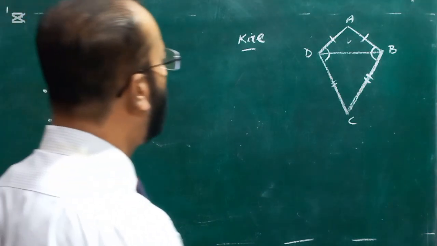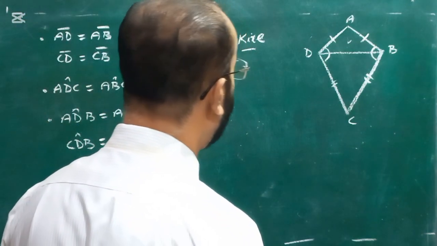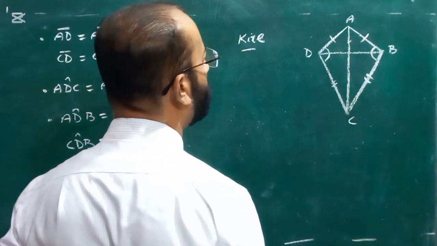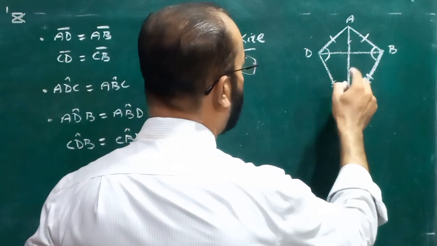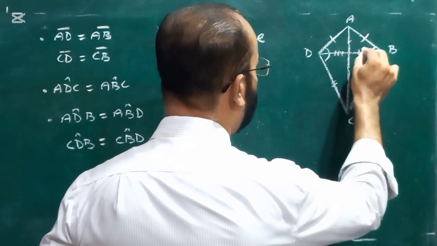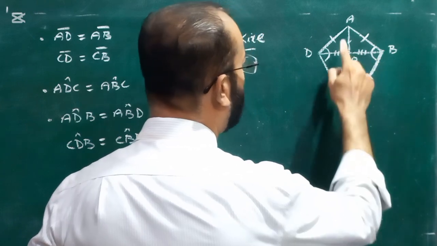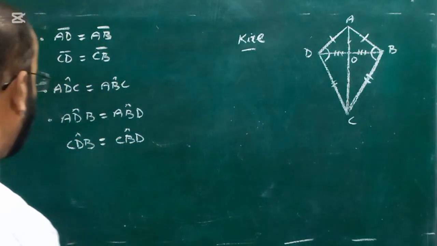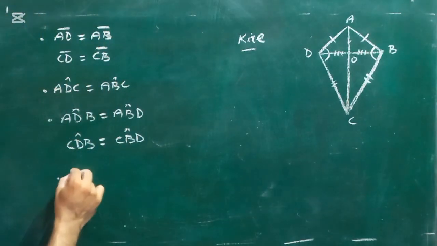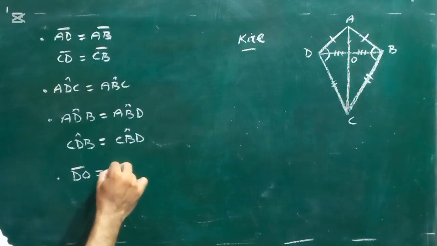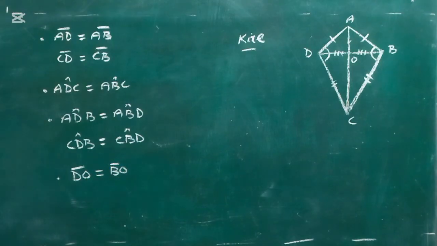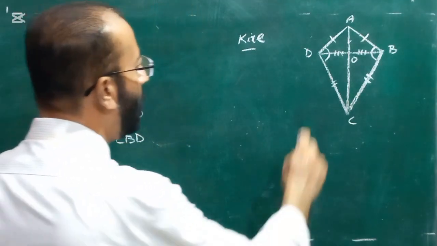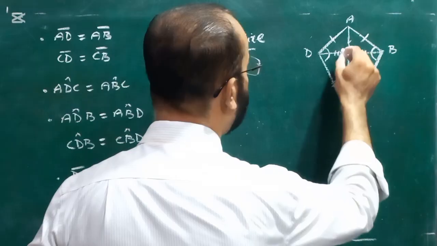The next property which is applied in the kite is if we draw the other diagonal, the smaller diagonal will be bisected. So if the diagonals cut each other at O, it means DO will be equal to BO. Next property is the diagonals cut each other at 90 degrees.